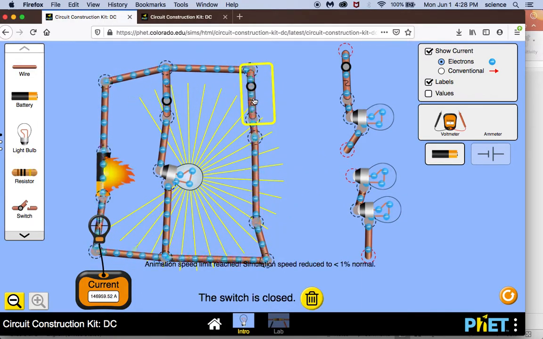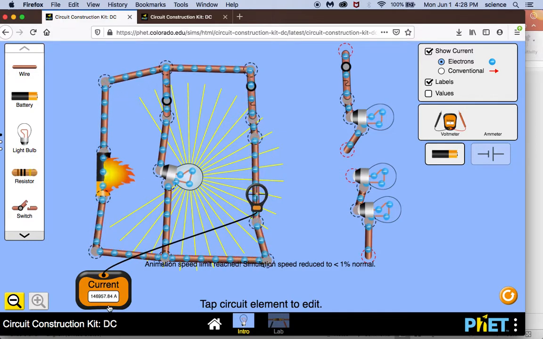But once I close the switch, essentially there's a fire over here. And so all of the current is going to want to go through that short where there's zero resistance. And if there's zero resistance, there's going to be a whole lot of current. So it's crazy, right? This number is just a huge number. I can't even read it, right?